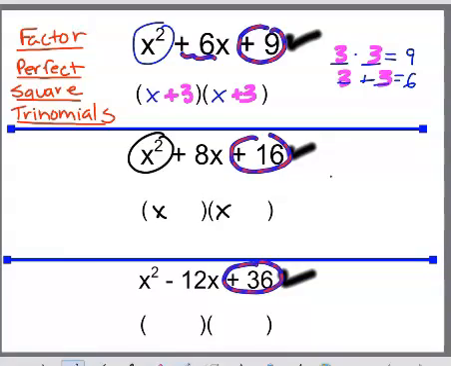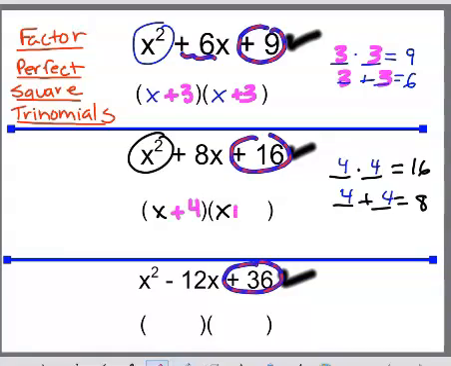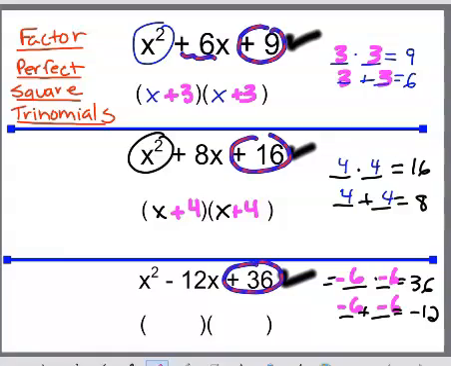If I ask myself what are two numbers that multiply out to be 16 and add up to 8, we get 4 and 4, so this becomes, again, x plus 4, x plus 4. And then if we look at 36, what are two numbers that multiply out to be 36 and add up to negative 12? It's negative 6 times negative 6, negative 6 plus negative 6. And I've got to remember the x there.